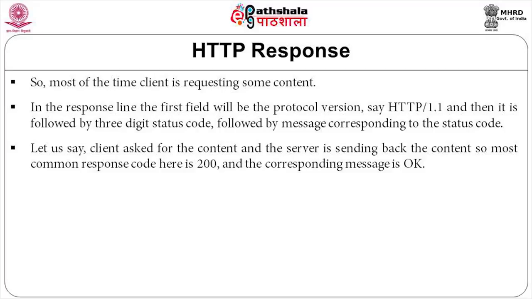There are various categories of response codes, and then it is followed by a message, a text corresponding to the response code. For example, the most common response code, when it is a normal response, when you have asked for a content and I am sending back a content, would be 200, the digit 200.